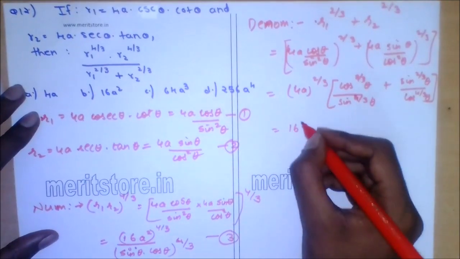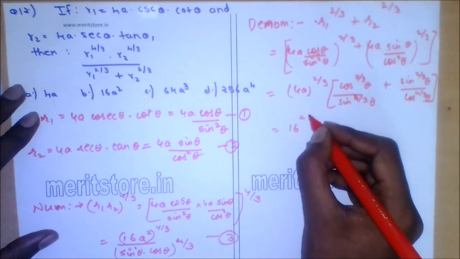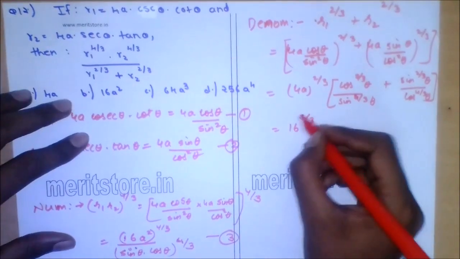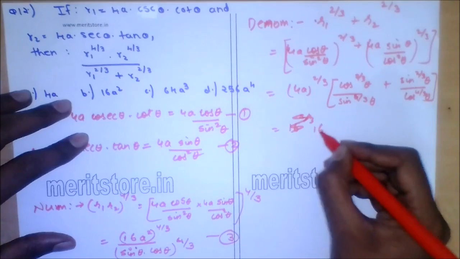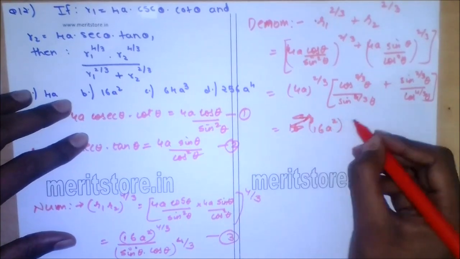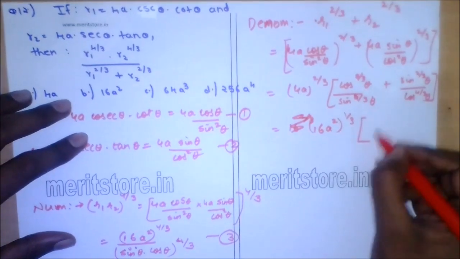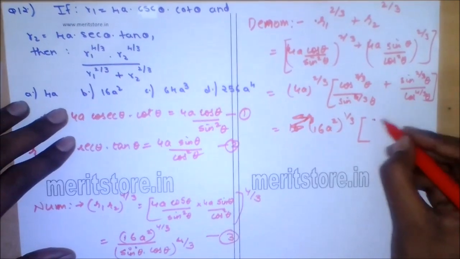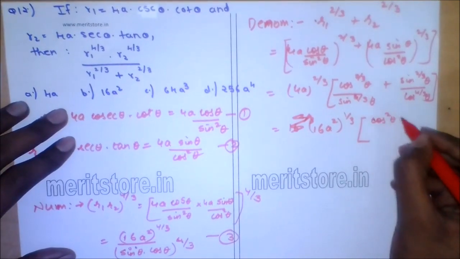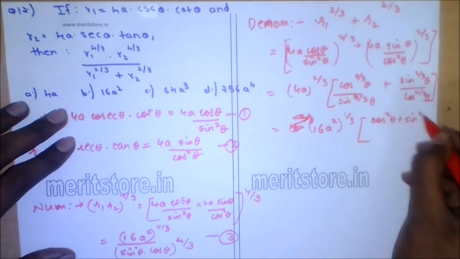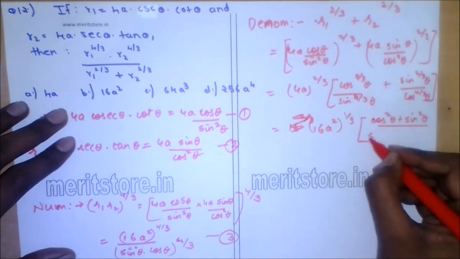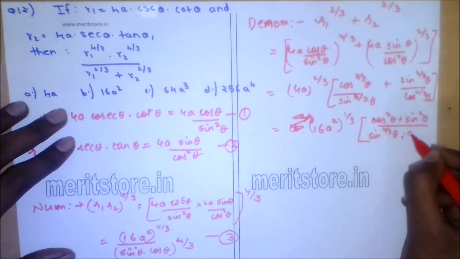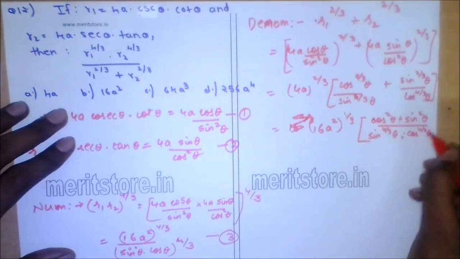This is 16 raised to 2 by 3. Sorry, this is (16a square) raised to 1 by 3. And this term can be simplified into cos square theta plus sin square theta upon sin raised to 4 by 3 theta into cos raised to 4 by 3 theta.